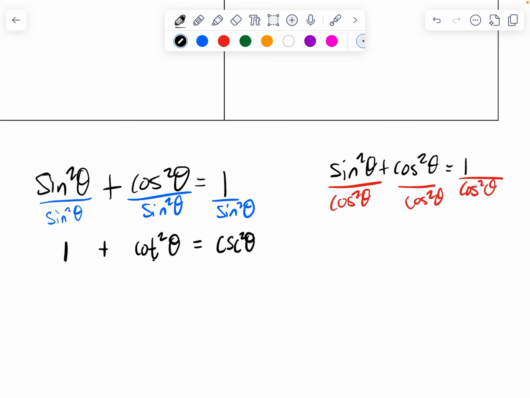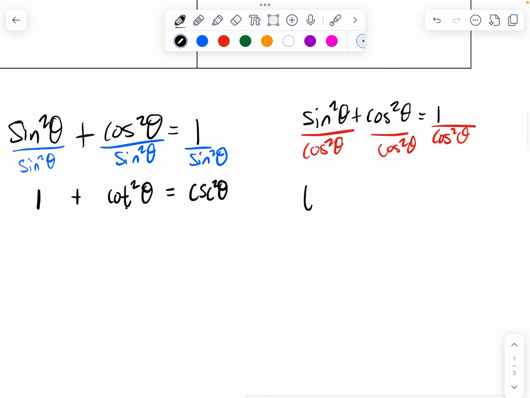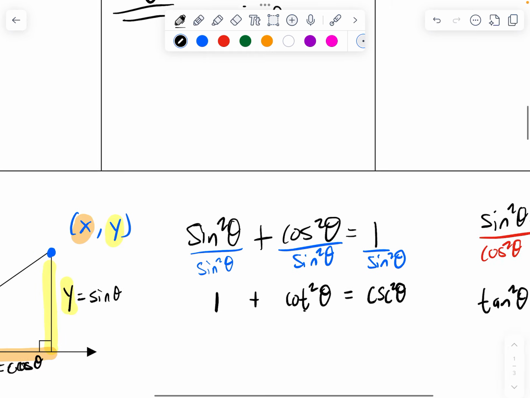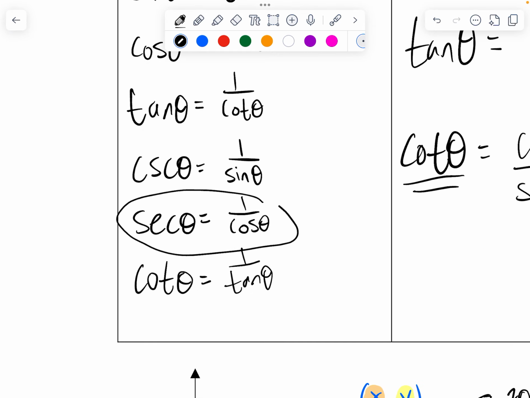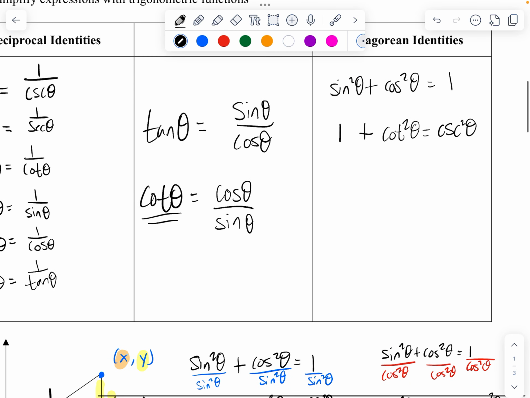All right, so on the leftmost, sine over cosine is the same thing as tangent, so sine squared over cosine squared is tangent squared, plus cosine squared over cosine squared, that is 1, equals, and then we know that 1 over cosine is the same as secant. So secant squared theta. All right, now this one I am going to slightly rearrange. I'm going to put the 1 first. 1 plus tangent squared equals secant squared.